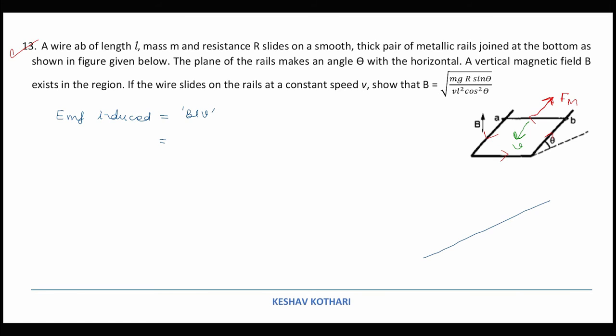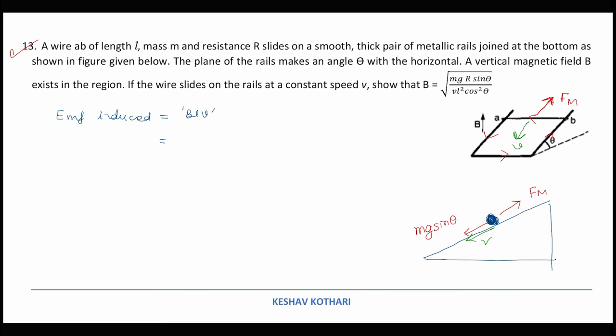If I draw the side view of this arrangement, this is the current carrying wire which I am representing by only one end of it. Then the weight component which is acting in the downward direction along the incline is equal to mg sine theta, and the magnetic force is acting up the incline, which is equal to Fm. So this is the value of velocity which we have.